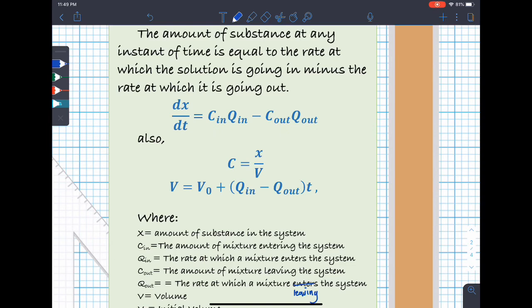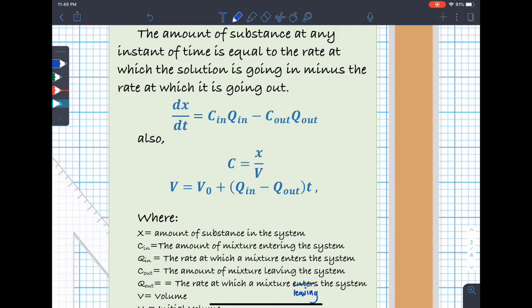The rate at which this amount changes over time is equal to the input concentration multiplied by the input flow rate, minus the product of the output concentration and the output flow rate.